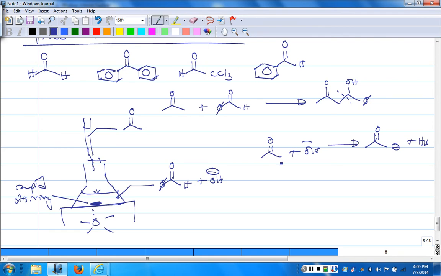Since proton transfer is very, very fast, essentially as soon as the acetone hits this solution, it's gobbled up, and all of it instantaneously, in the space of 10 to the minus 13 seconds, is converted to the enolate. So when the enolate looks around for an electrophile, it sees none of the parent, because all of the parent has been converted into the enolate. So it can't go after the parent.